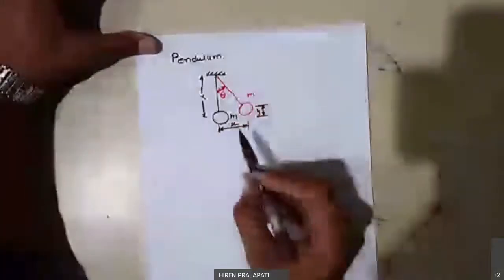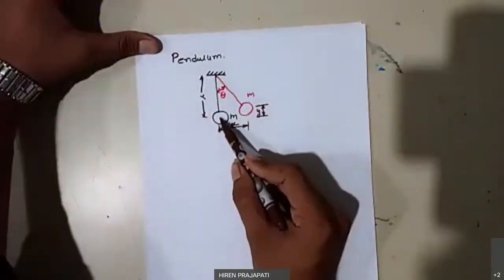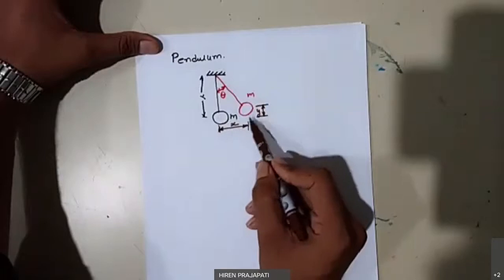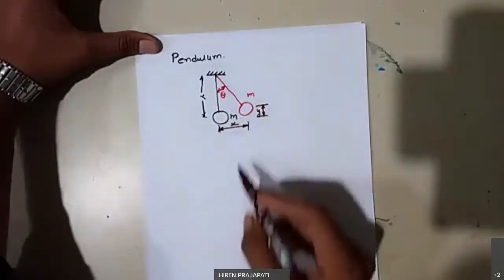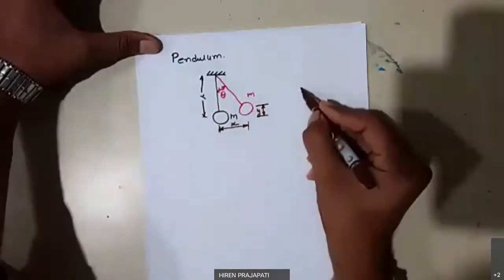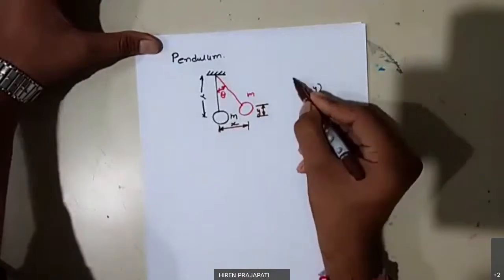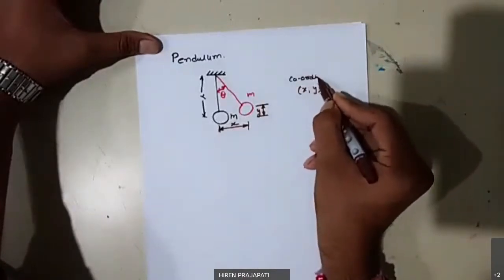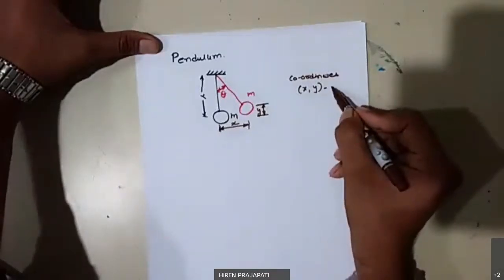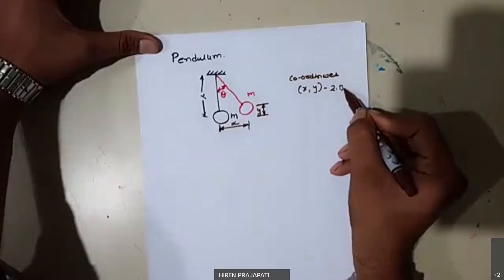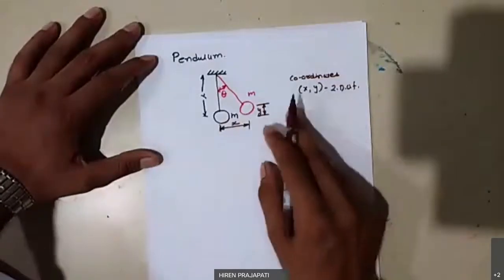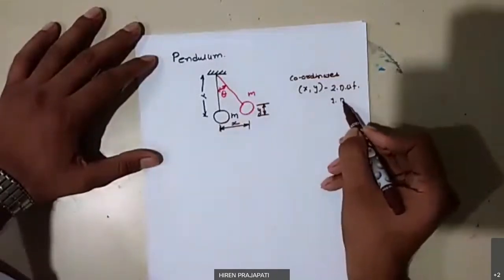So if you look right now, if I displace this pendulum mass, then I require 2 coordinates, x and y, to represent next position of this mass. Then if two coordinates are required, then this should be considered as 2 degree of freedom system, but still it is considered as 1 degree of freedom system.